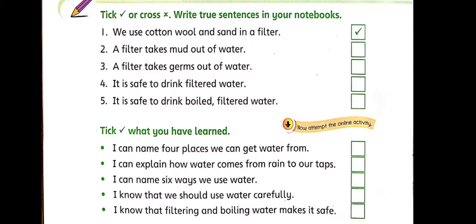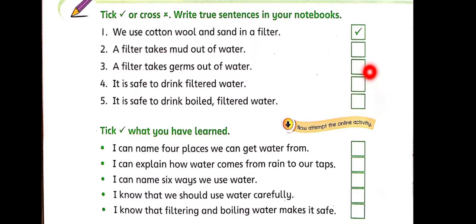So now tell me, if you are using a filter to take out the dirt from water, can we use it to take out the germs also from the water? No, the filters are not supposed to take out germs of water. It is wrong. We can convert the dirty water into the clean one by boiling it. Exactly. So, this is the wrong one.